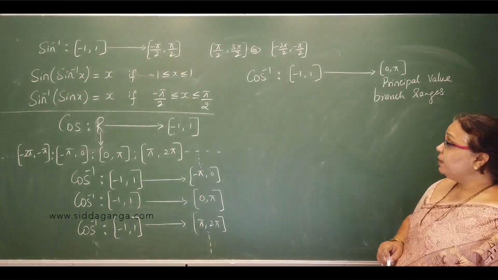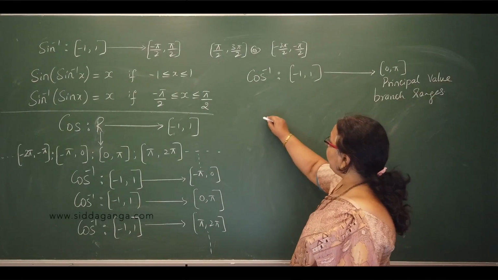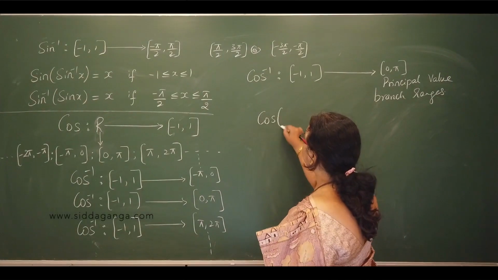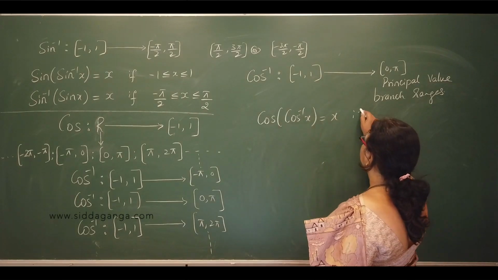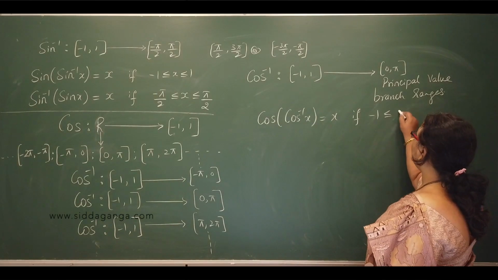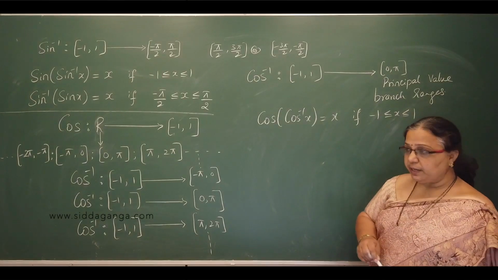So according to the definition of the inverse of a function, we have cos inverse of x is taken as x only if x belongs to the closed interval -1 comma +1.